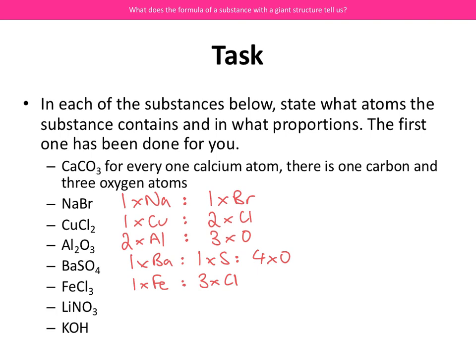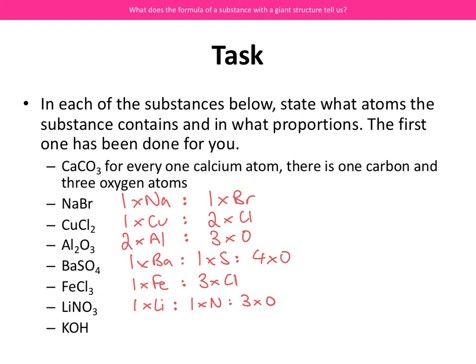Then we've got lithium nitrate. You wouldn't necessarily know that was how you said the name for that compound. That is something you'll learn in year 8, or possibly towards the end of year 7. We've got no number after the lithium, so 1 Li. There's no number after nitrogen, so 1 N. And then there's a little 3 after the oxygen, so 3 O. So for every 1 lithium, there's 1 nitrogen and 3 oxygens.